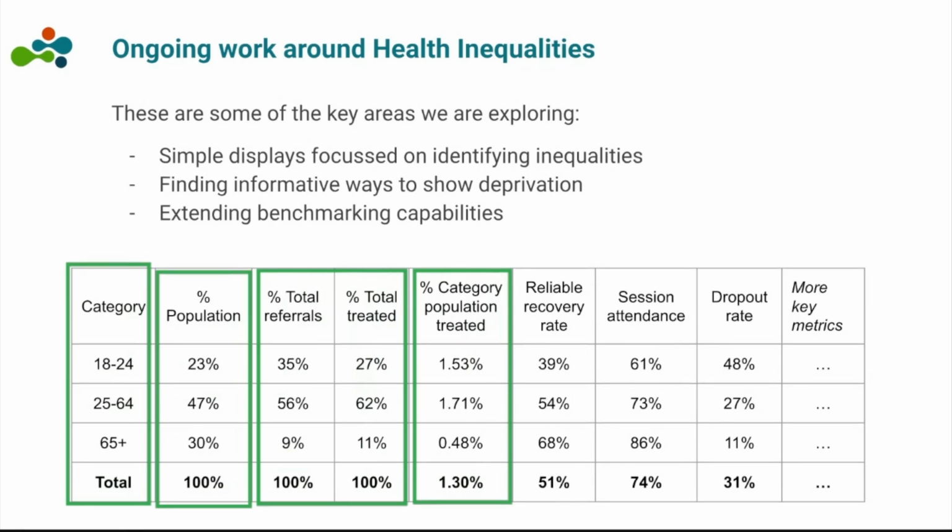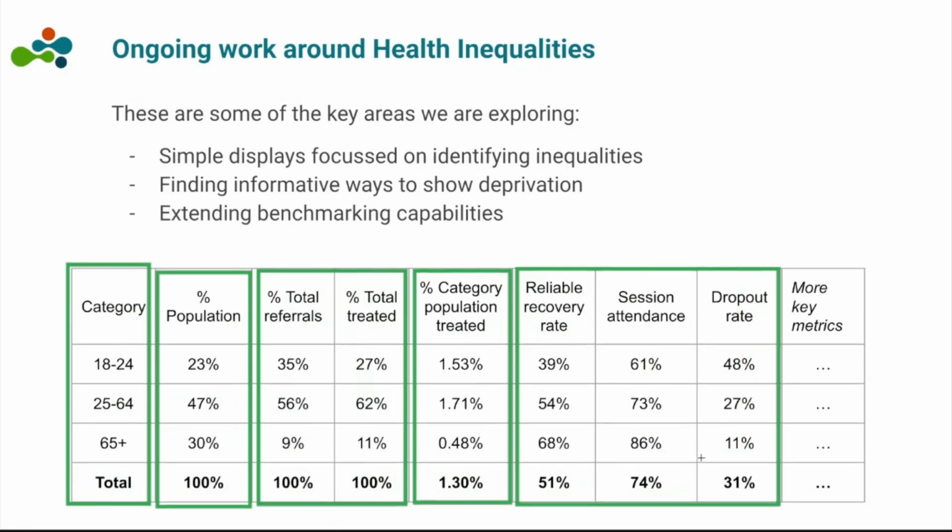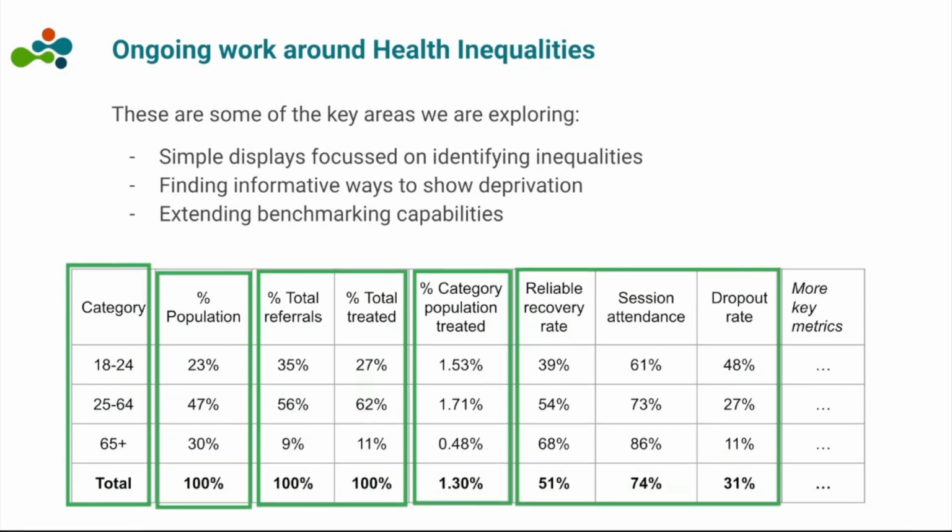Then we have the more standard service metrics, so that you've got all of this in one place, so that you can draw multiple conclusions or identify multiple issues just from one simple table.